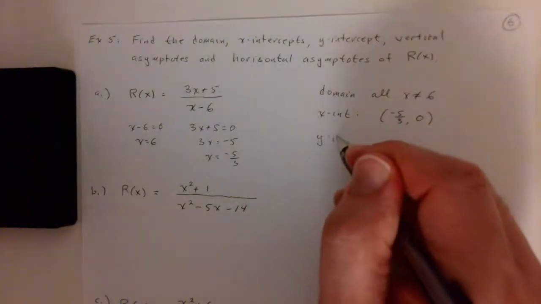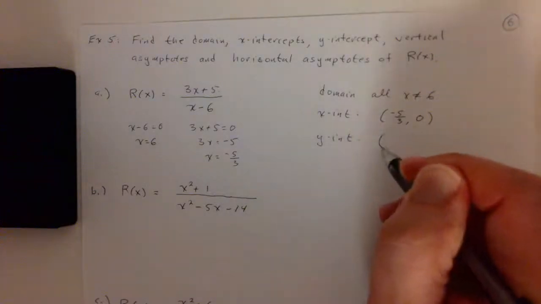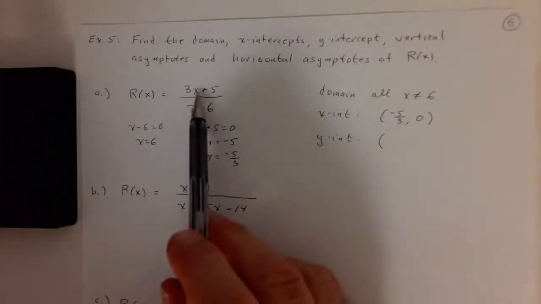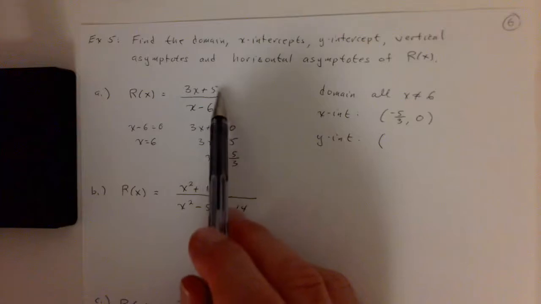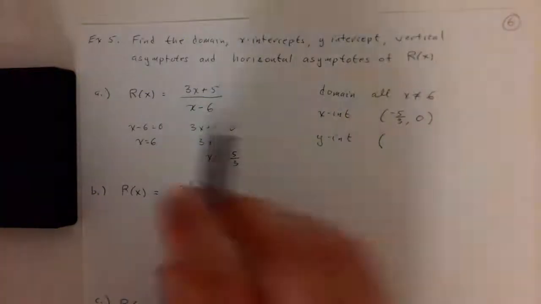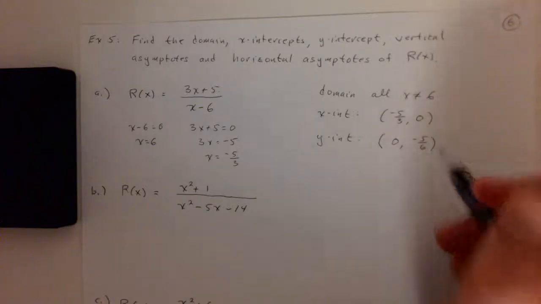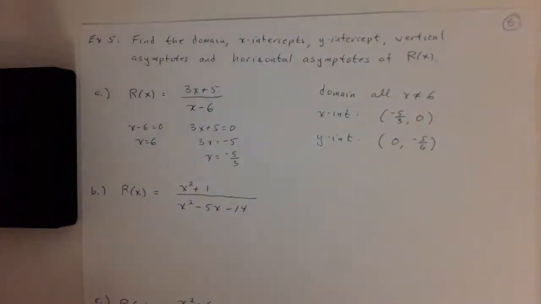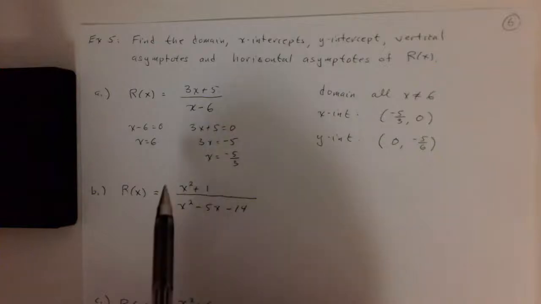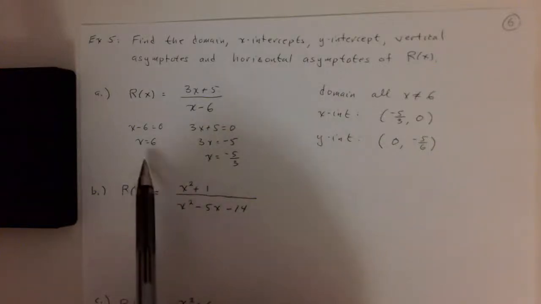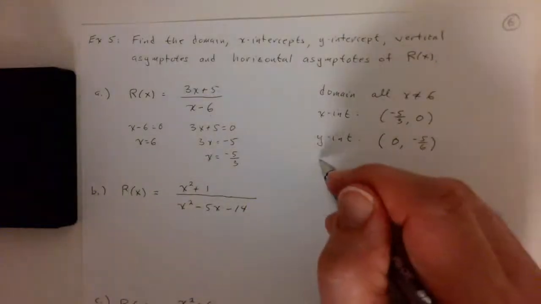For the y-intercept, you just plug in x equals 0, and I think you can see we'll get negative 5/6. This is already in lowest terms, so the vertical asymptote is going to be at x equals 6.